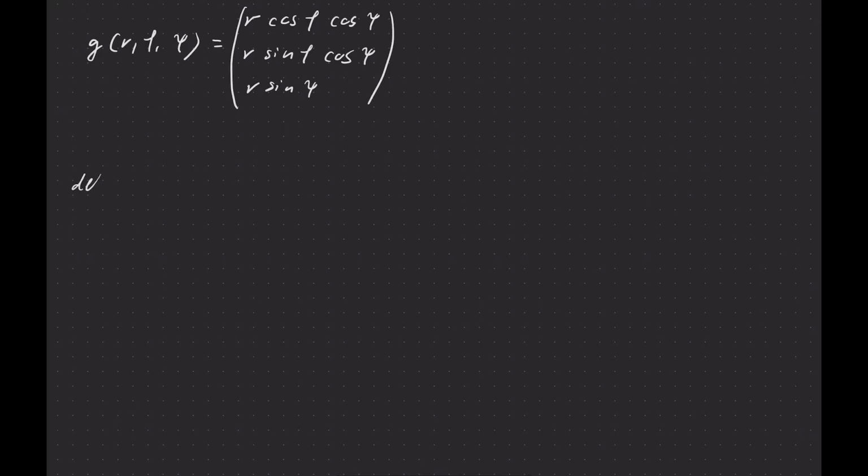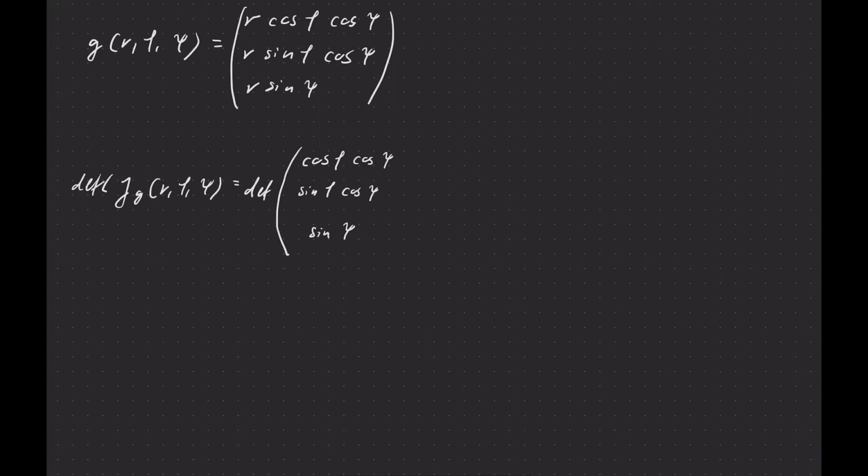So we want the determinant of the Jacobi matrix of G of (r, phi, psi). Let's see what this Jacobi matrix is. If we first differentiate all the coordinates with respect to r, we always have this r in front, so that just vanishes for the differentiation, and we get cosine phi cosine psi, sine phi cosine psi, and sine psi for the first column of the Jacobian.